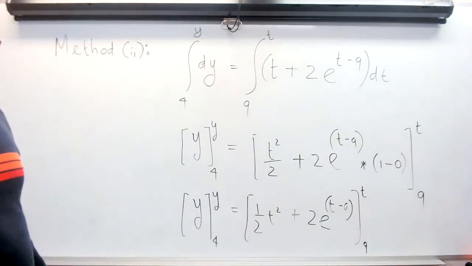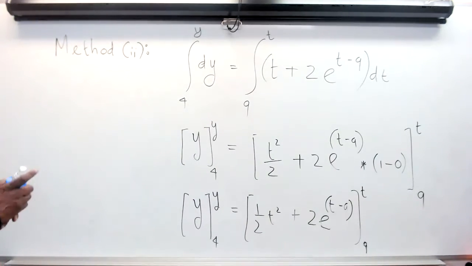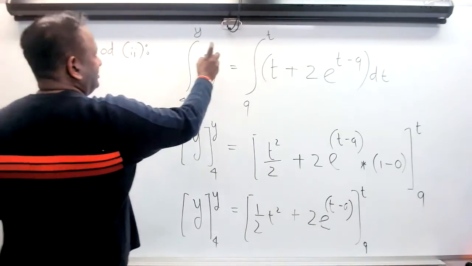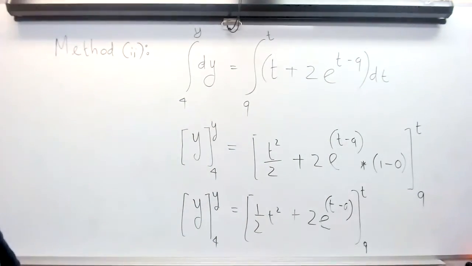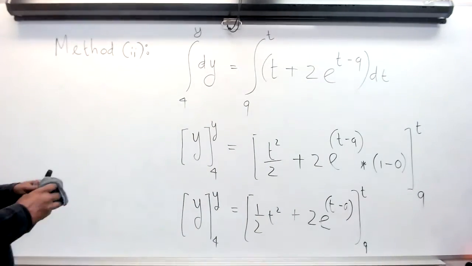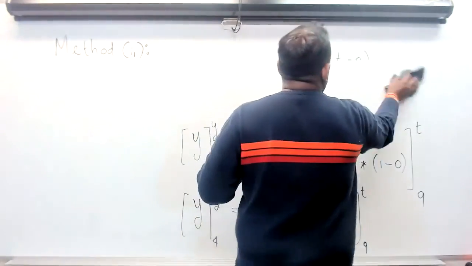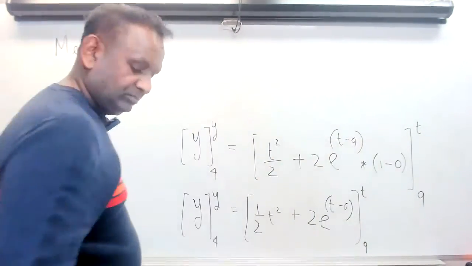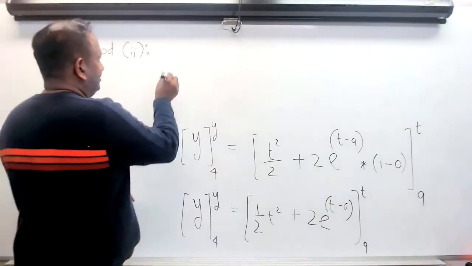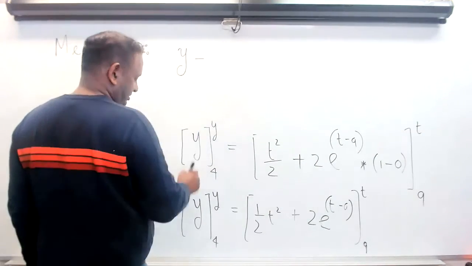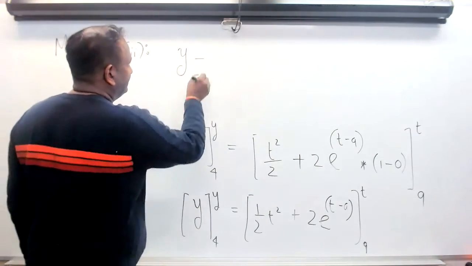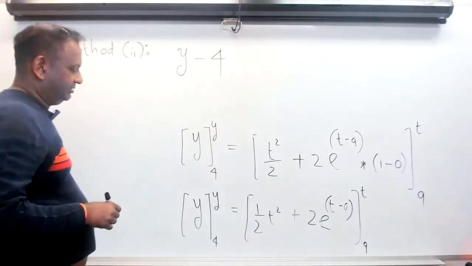See, 9 to t. Then let's plug in upper bound and lower bound. Upper bound means y replaced by y, then minus 4.